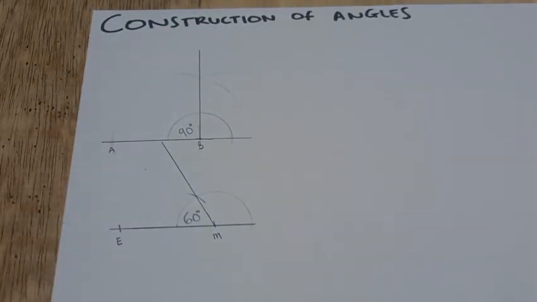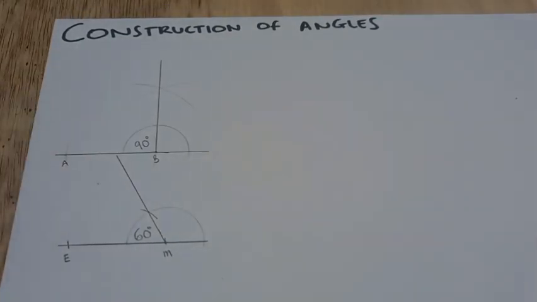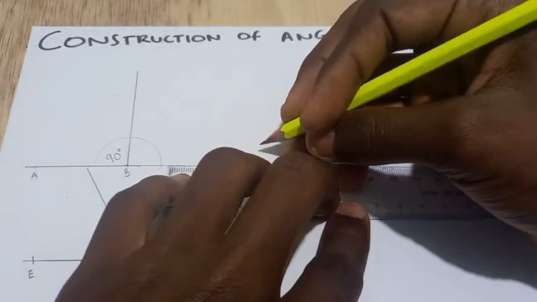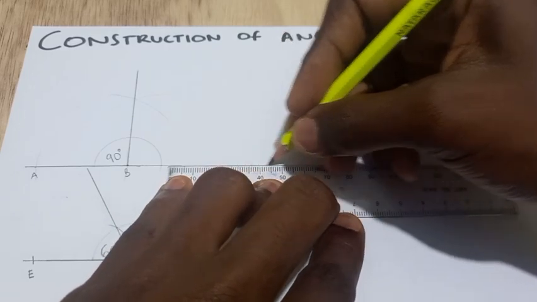So let's go to angle 45. Let's construct angle 45. So we draw a straight line.